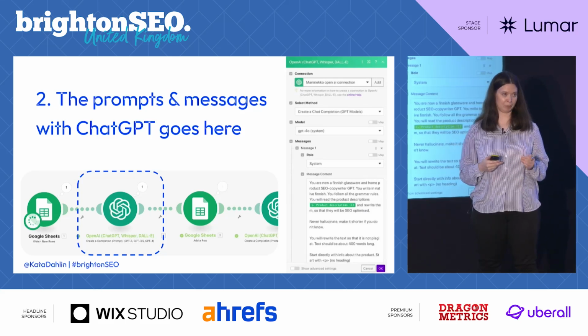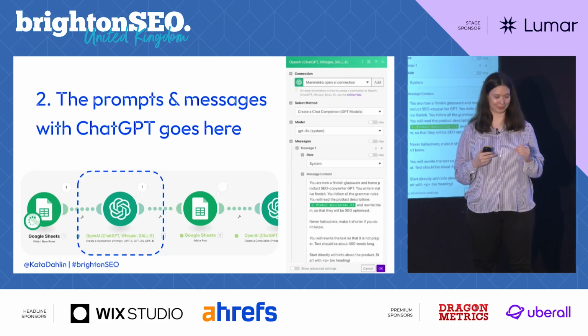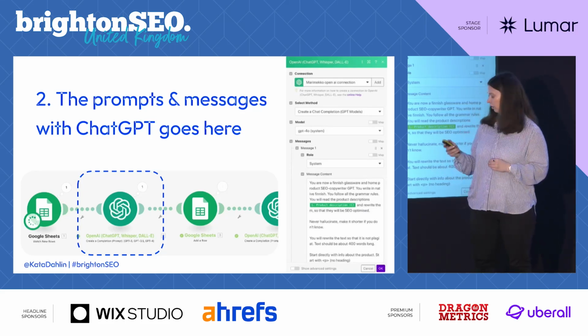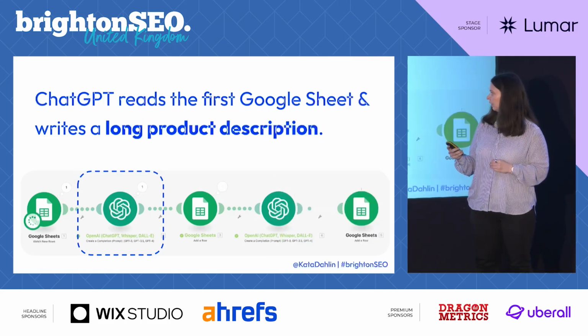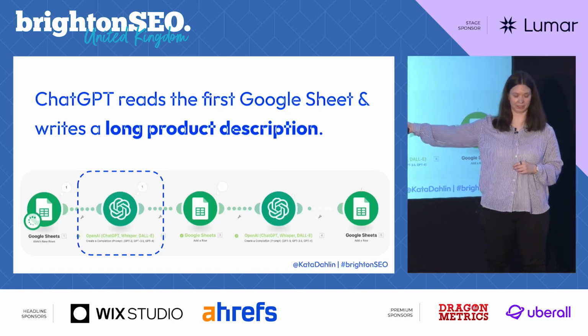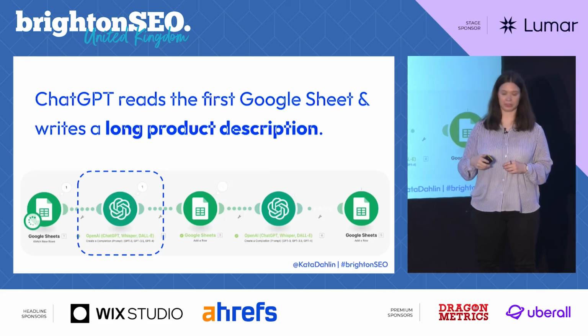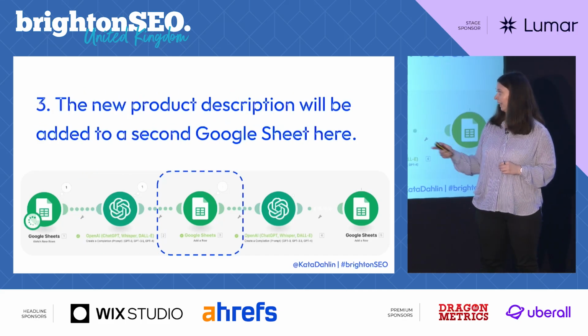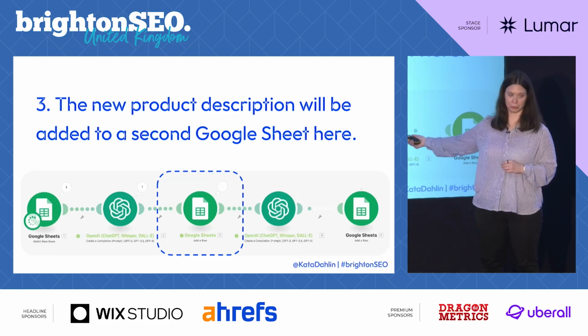I provide an example of a final product description, how it should look like, and so on. So basically what it does here is ChatGPT goes and reads my Google Sheet, reads the data for each product, and writes a long product description, and then adds it back to a new Google Sheet.